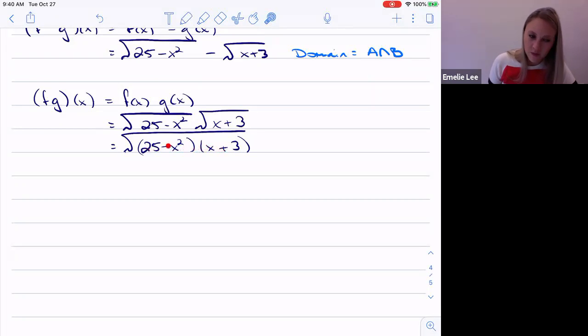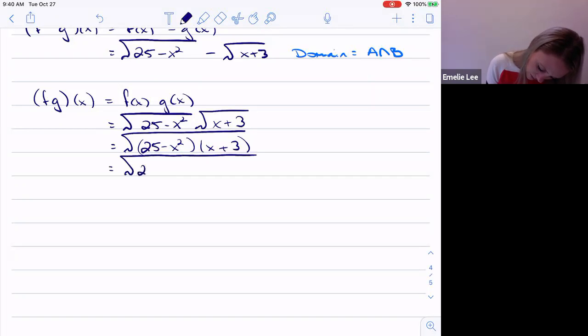And I can expand this out if I want to. You don't really have to, but let's do it just because. 25x plus 75 minus x to the 3 minus 3x squared.